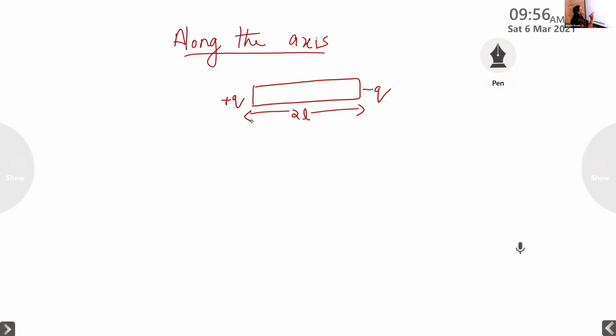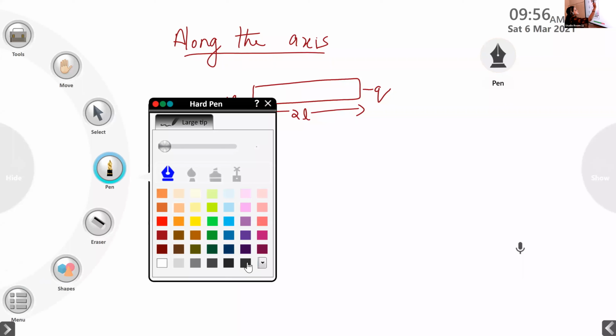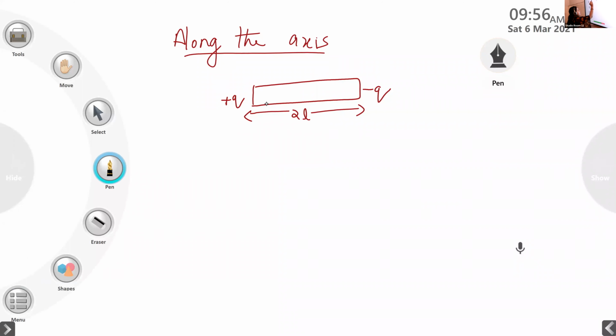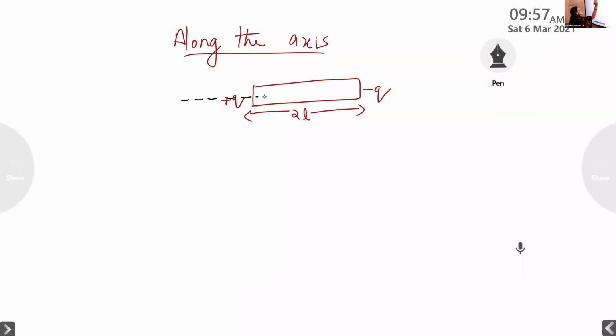So first of all, we are considering an electric dipole, plus Q and minus Q, separated by a distance 2L. Now we are going to discuss the electric field along the axis of an electric dipole. So we consider an axial line through this electric dipole.